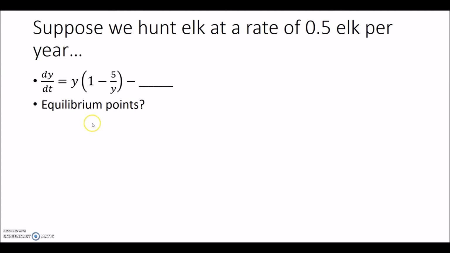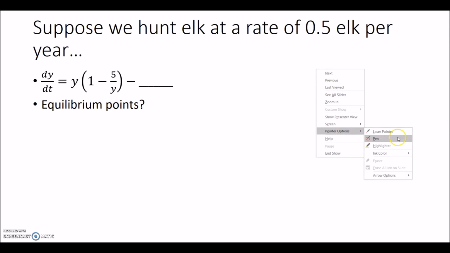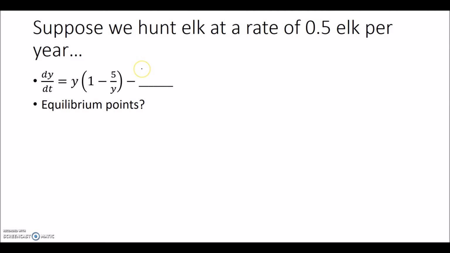Okay, well, let's consider why this might be useful. Suppose that in our original model, which is the logistic differential equation, we begin hunting elk at a rate of 0.5 elk per year. So this means that we now have a harvesting parameter.